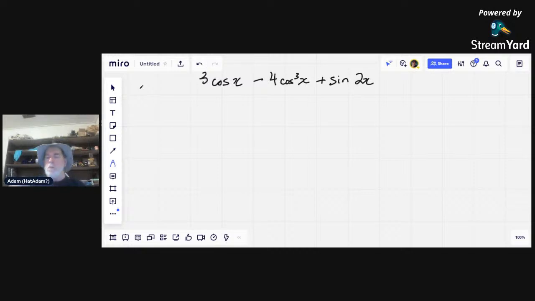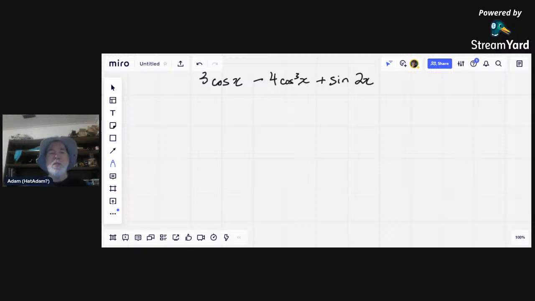Okay, so first question here is, we want to factor this, and we've got 2 cosines and a sine, but it's not just a regular sine, it's a sine of 2x. So what are we going to do with that? Well, ideally, we want to have all the same functions.